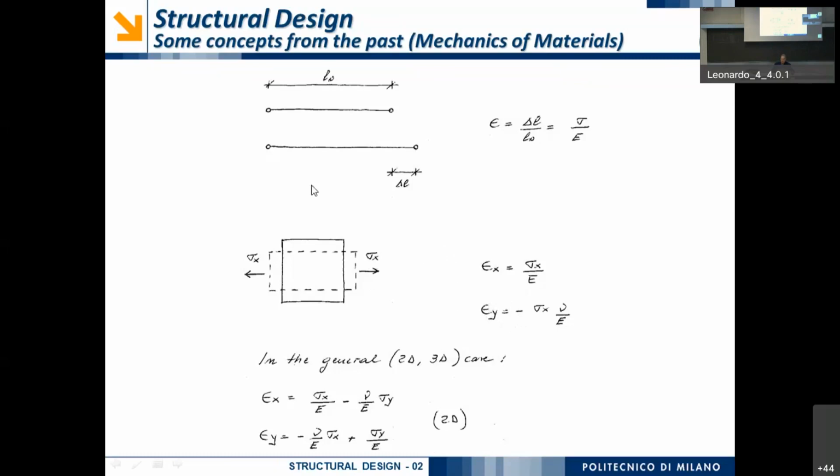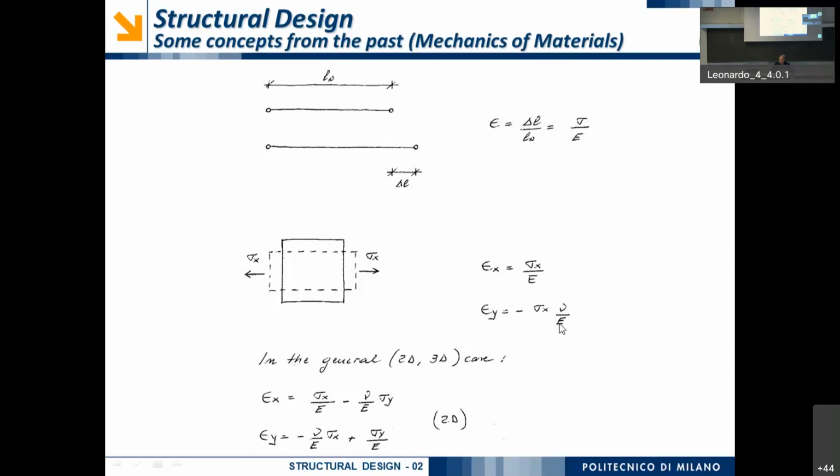Why? Because if sigma x is in tension, I have that the strain in the same direction is consistent with the sign of the applied stress. But in the orthogonal direction, if I have a tension, I will measure a shortening. So, a minus sign here.